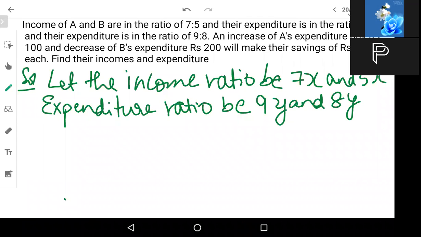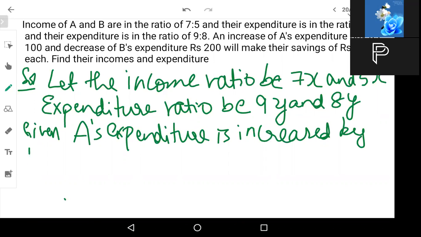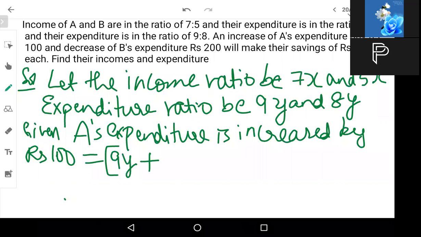Now for savings, we only have to come to one conclusion. Now what is given to us? A's expenditure is increased by rupees 100. So what is A's expenditure? A's expenditure is 9y. Now this has increased by rupees 100. Correct?